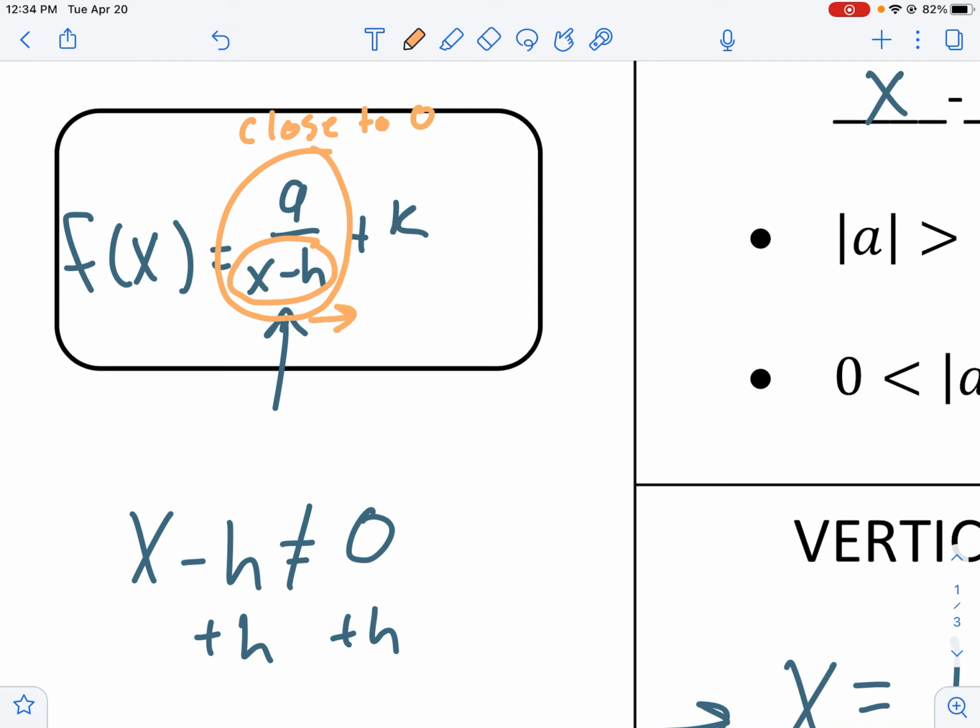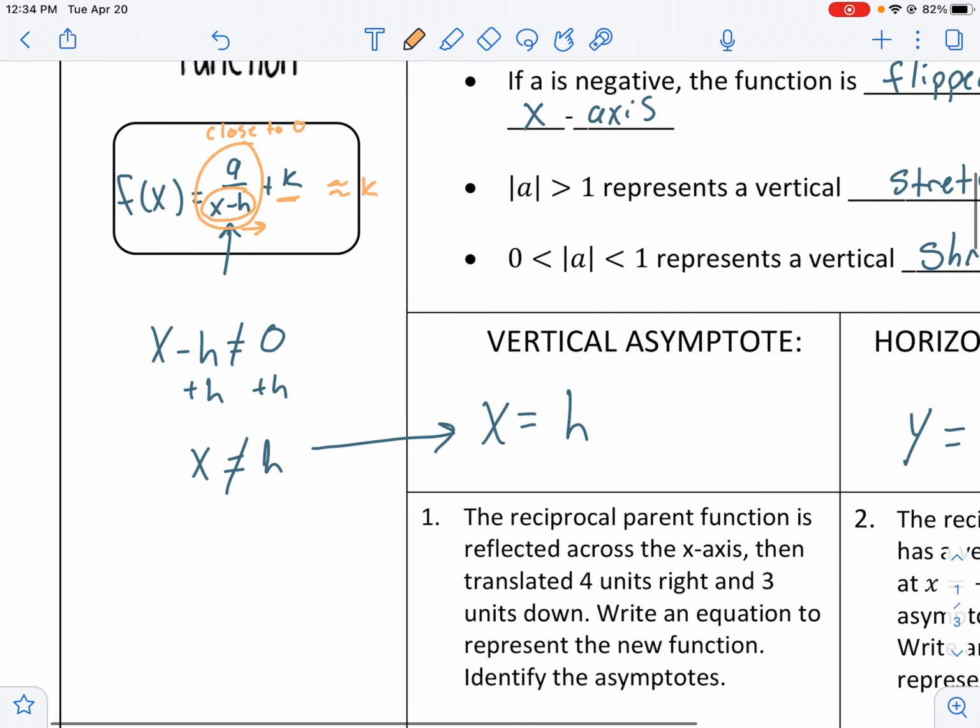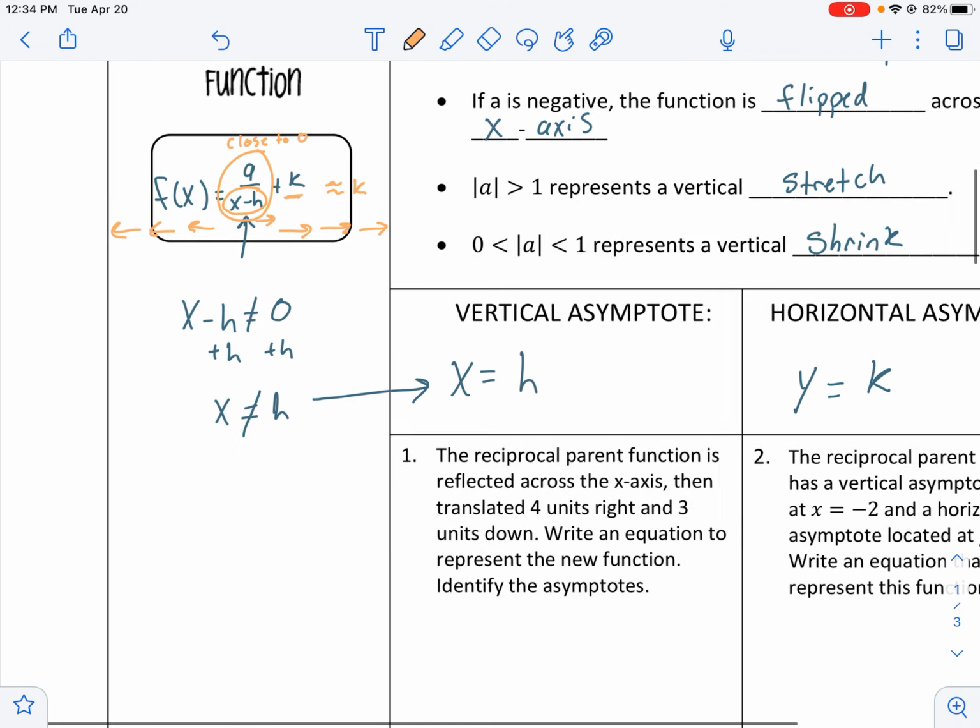So then if you have something that's really close to 0 and then you add k to it, the value of f of x is approximately k. So it's just getting closer and closer to k as you go to the right further and further. And then as you go to the left further and further, it's going to get closer and closer to k as well.